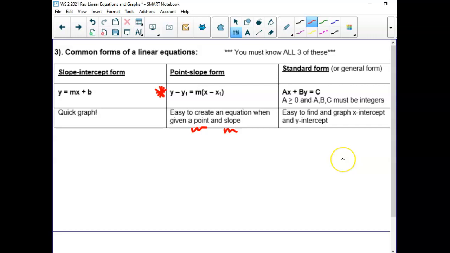Then standard form is a somewhat useless form that some mathematician decided was really cool because you can't have fractions. Everybody's good that integers are not fractions, okay? And A has to be greater than 0, which means you have to start out with a positive number. So if I ended up with this equation after I moved things around, what would I have to do?